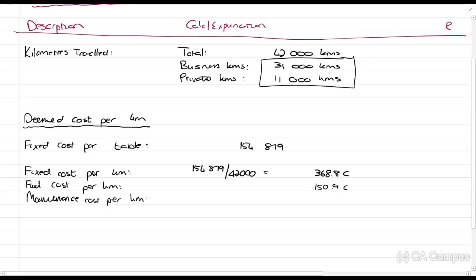I like to round it down to 1 decimal because the table is always rounded down to 1 decimal. Okay, this is the deemed cost per kilometer.